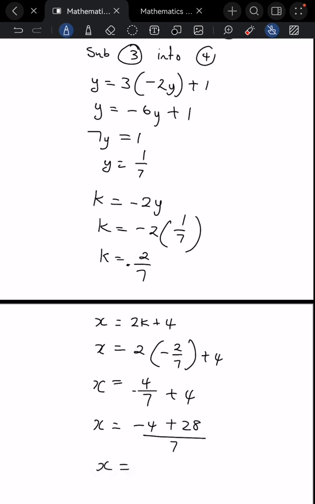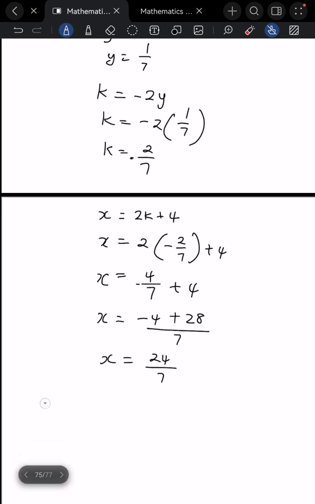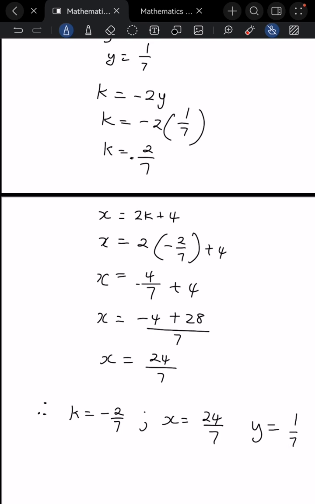Therefore x = 24/7. So we can say k = -2/7, x = 24/7, and y = 1/7.